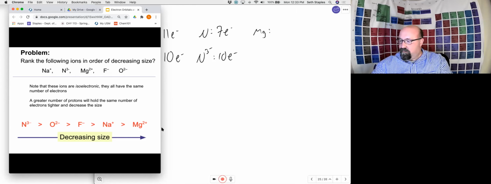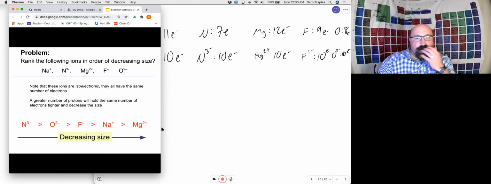Magnesium atom, 12 electrons, magnesium 2 plus ion, 10 electrons. Fluorine atom, 9 electrons, fluorine 1 minus, 10. And finally, oxygen. I should have given myself a little bit more room. But oxygen with its 8 electrons, and oxygen 2 minus with its 10 electrons. So all of these ions have the same number of electrons.